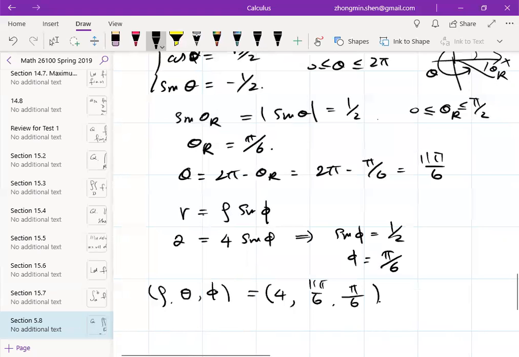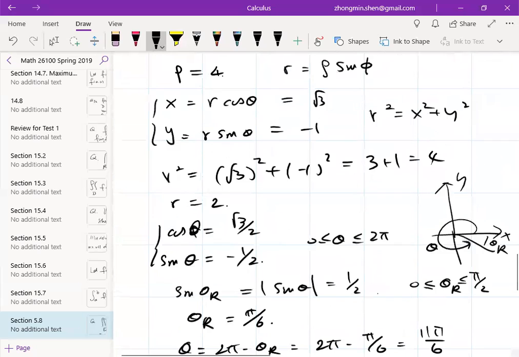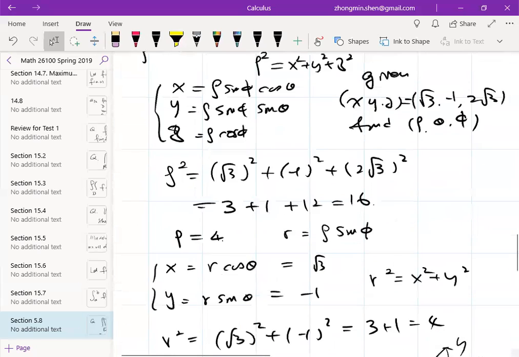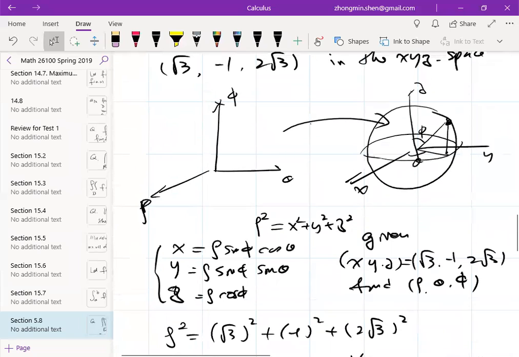So step by step, you can get the pre-image of that point. Let's go back to this picture. We find a point here, which has rho equal to 4, and theta is 11 pi over 6.